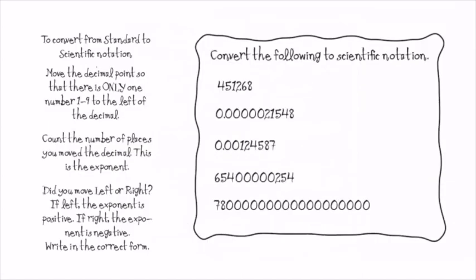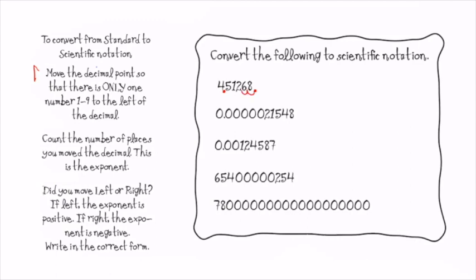To convert from standard notation to scientific notation, the first thing you do is move the decimal point so that there is only one number from 1 to 9 to the left of the decimal. So our decimal starts here. We need to move it here. Then we're going to count the number of places that the decimal moved. This is going to be our exponent.